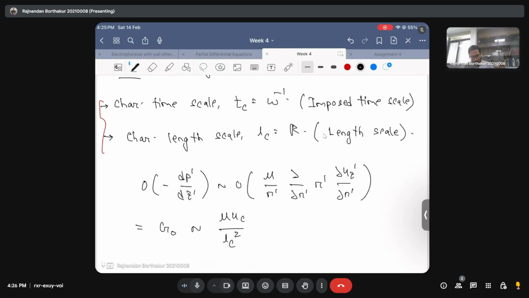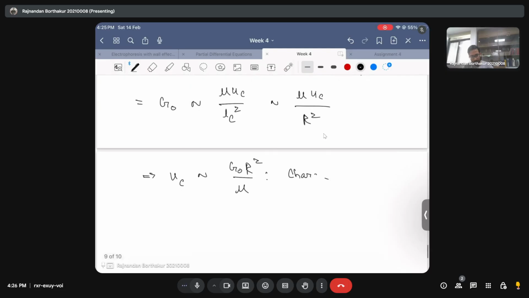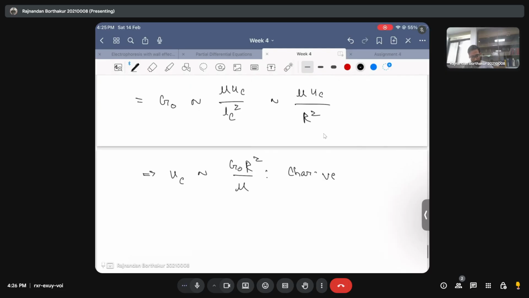Okay, and you know this is mu, uc is not known, but lc is going to be the pipe radius, which means I can now have an expression for uc, the characteristic velocity, as g naught times rc squared by mu. Okay, so this is typically the characteristic velocity of the problem.